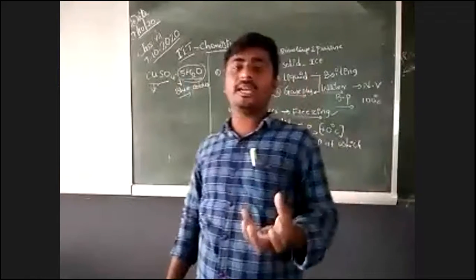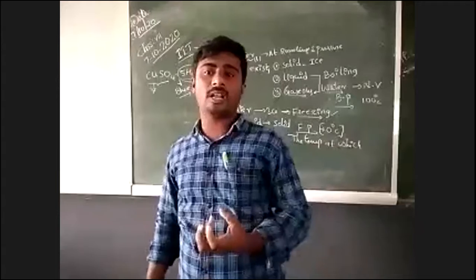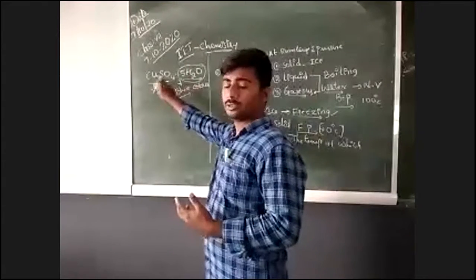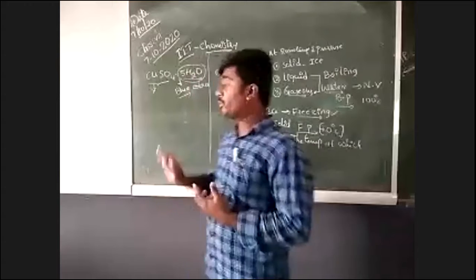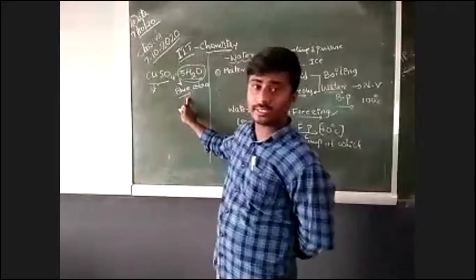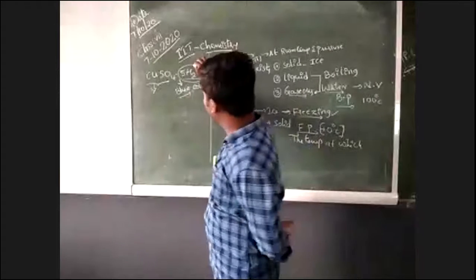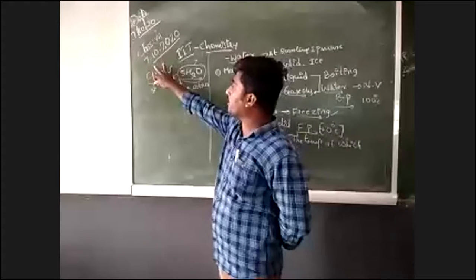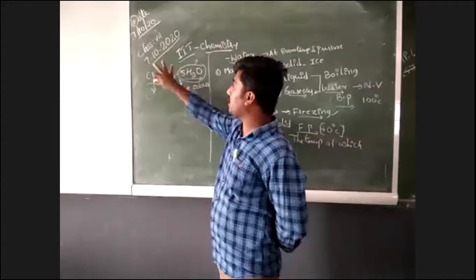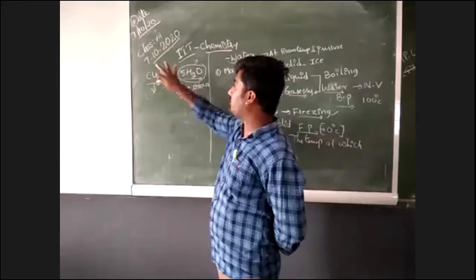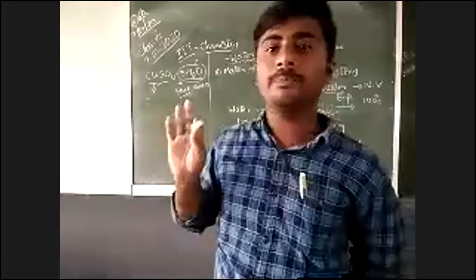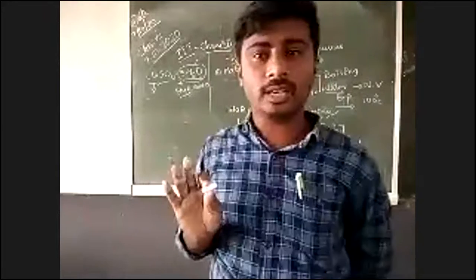If you heat this hydrated copper sulfate, the water molecules are removed and the color disappears. You will write this experiment in your exam. So hydrated copper sulfate is blue, with 5 water molecules.